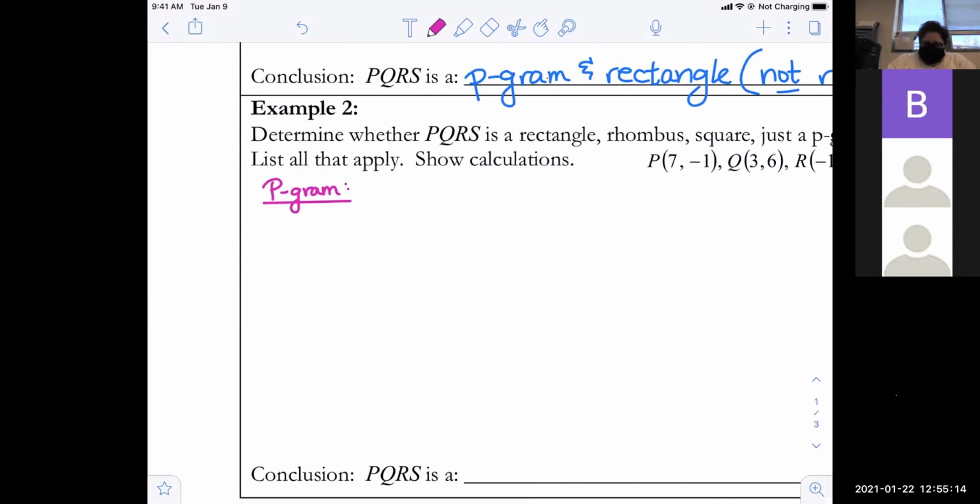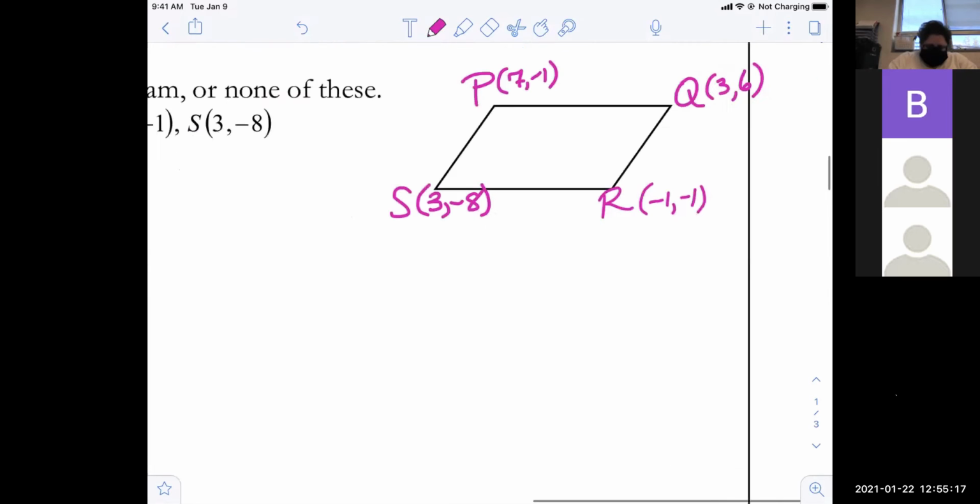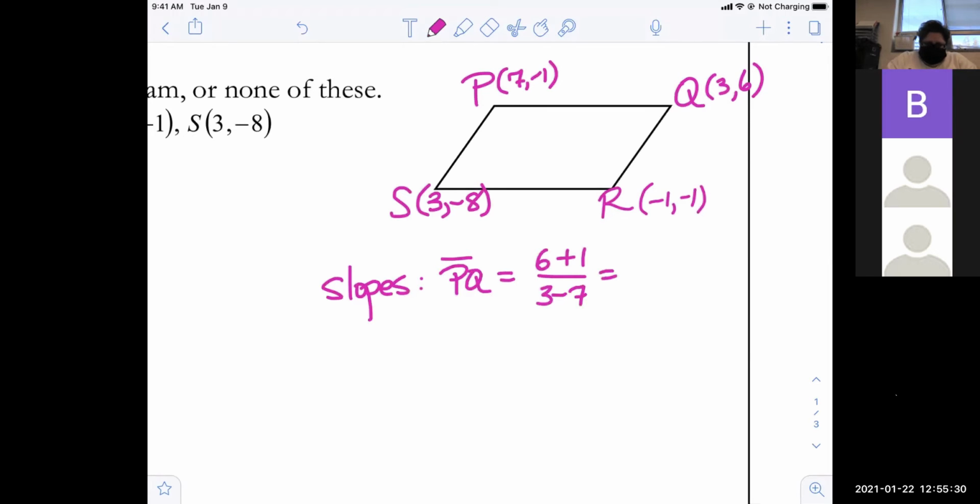All right, so you said PQ and SR. I'm going to do it over here where I can look at it. Segment PQ's slope is going to be 6 plus 1. Remember, y's on top. 7 over -4.